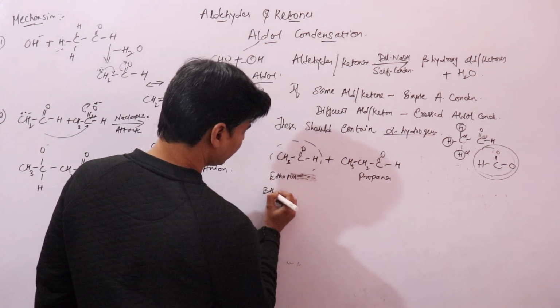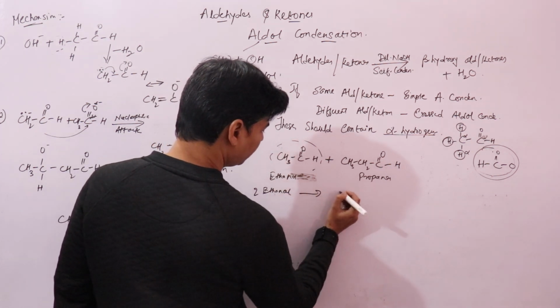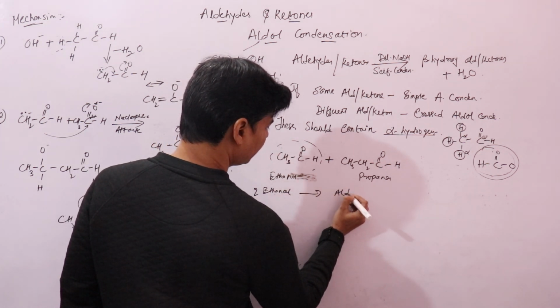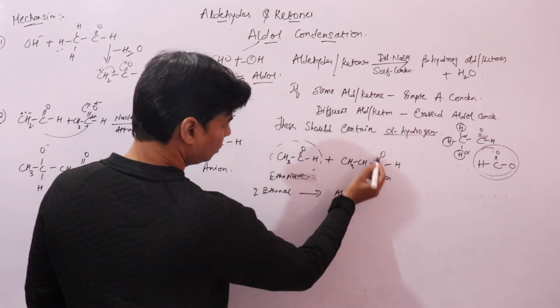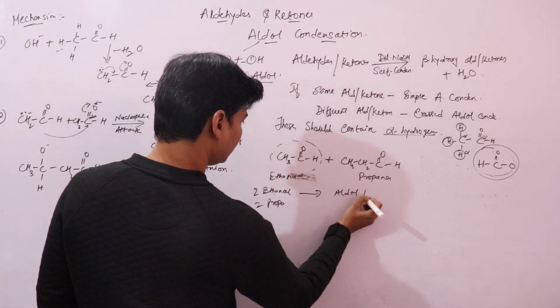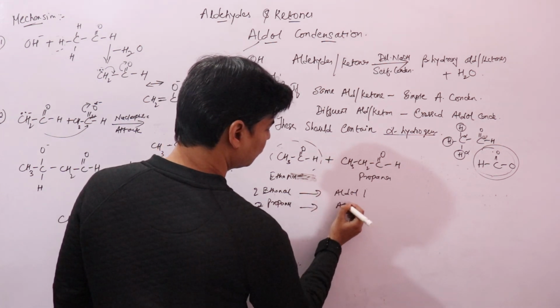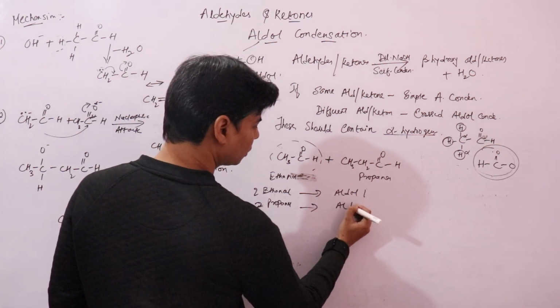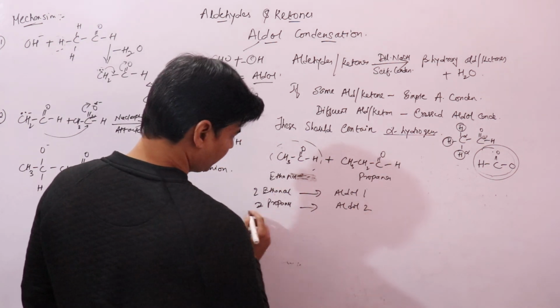Two molecules of ethanal will react to form one type of aldol, which is your beta hydroxyaldehyde. Then two molecules of propanal will react to form another beta hydroxyaldehyde. That would be aldol 2.